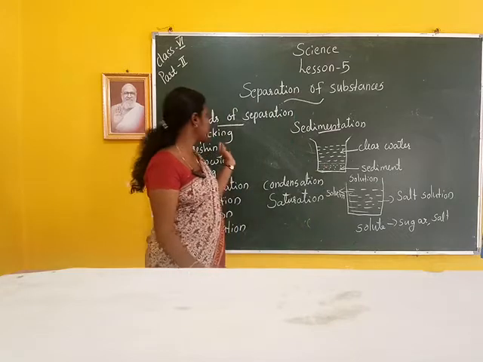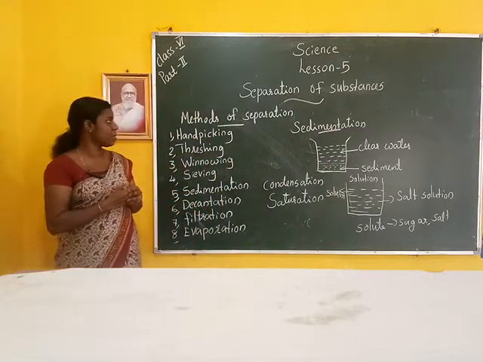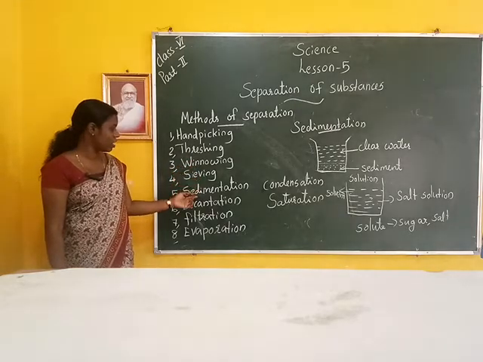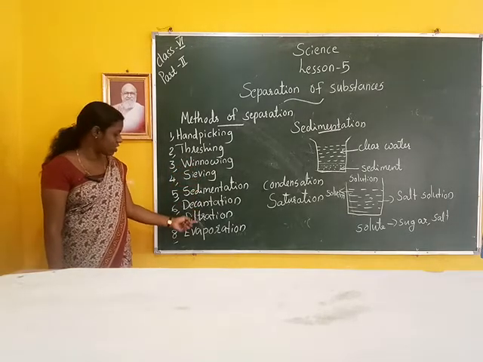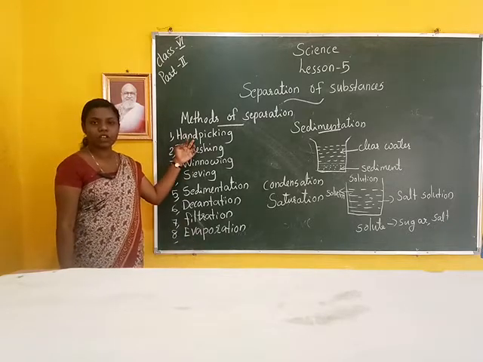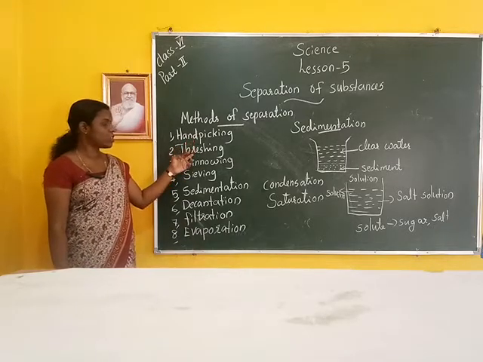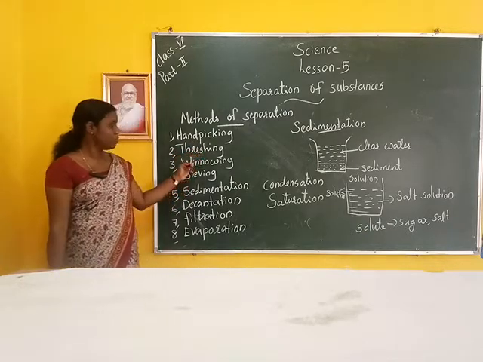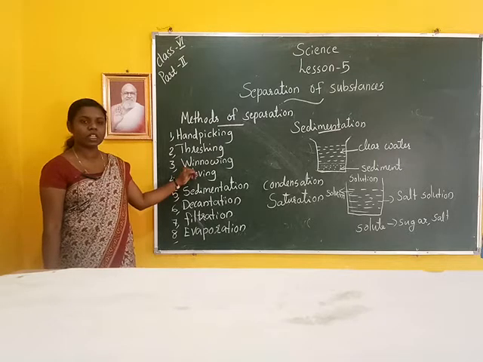Then next we discuss different methods of separation: handpicking, crushing, winnowing, sieving, sedimentation, decantation, filtration and evaporation. In handpicking we use our hands. Crushing means stalks are separated from grains. Winnowing means using wind.